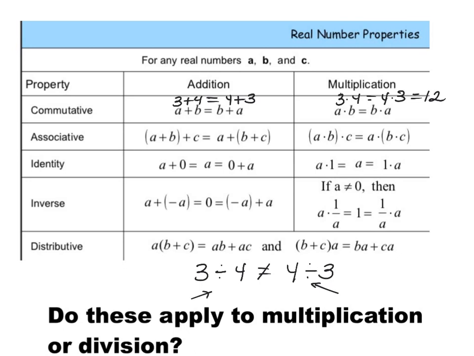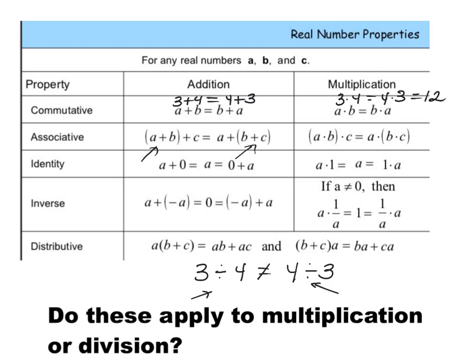Associative. The easiest way I remember associative is that the parentheses associate with different numbers. So originally you have the parentheses with the first two numbers, and then the parentheses moves over to the last two numbers.